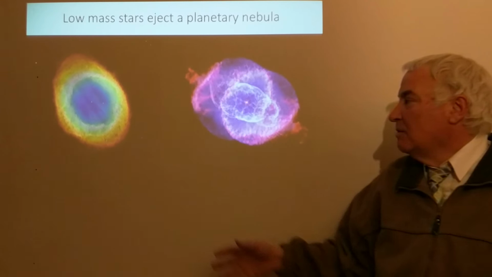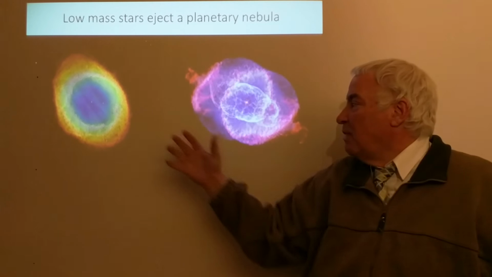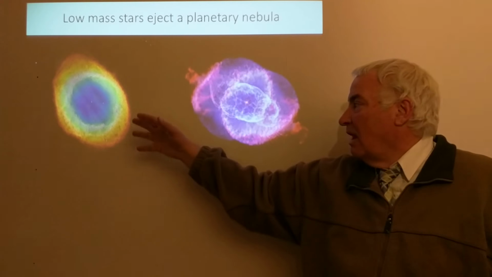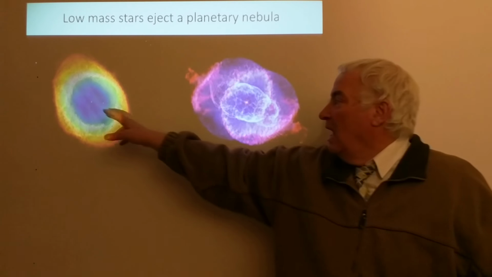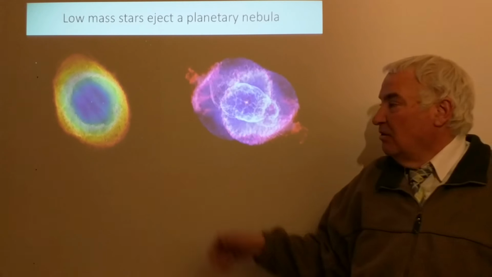And so after about 10,000 years, the expansion will continue, the gas moves further away. At the same time, the star is cooling down, and then the gas is still there, but it fades from view.